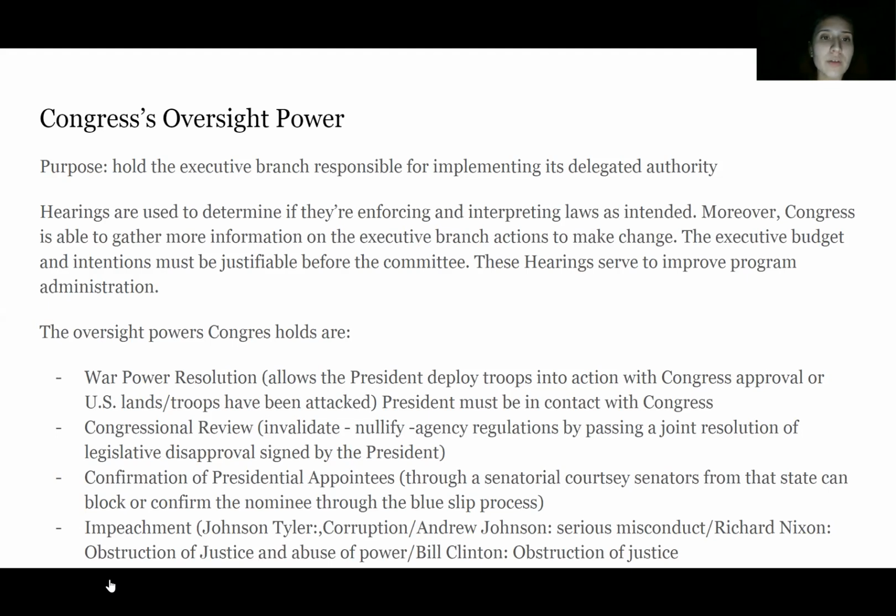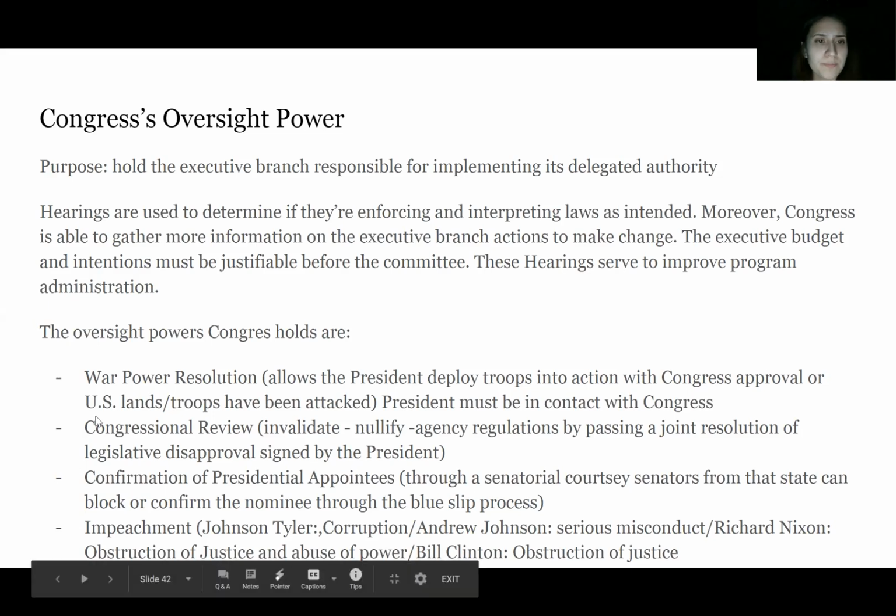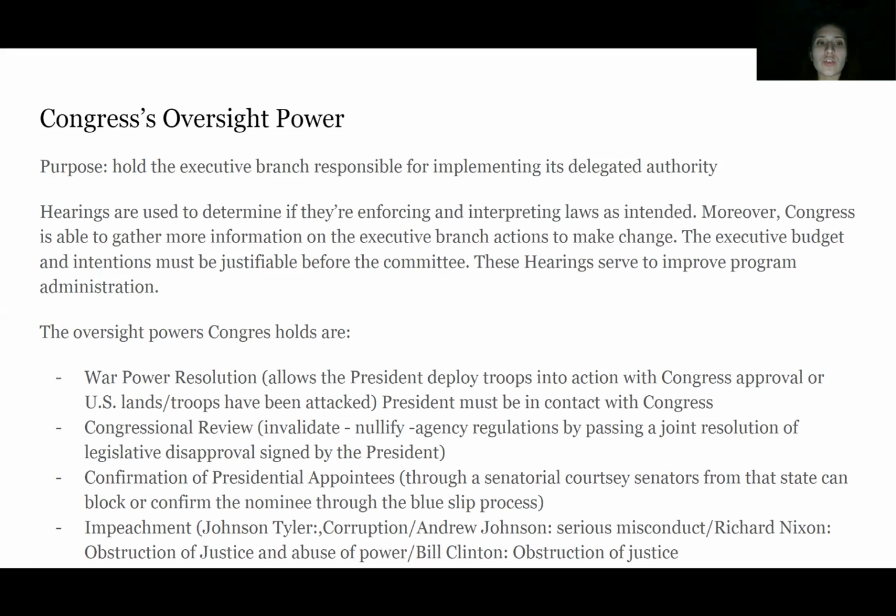The oversight powers Congress holds are, and I've put them here, 4 things. We have war power resolutions, congressional review, confirmation of presidential appointees, impeachment. Let's break it down real quick.